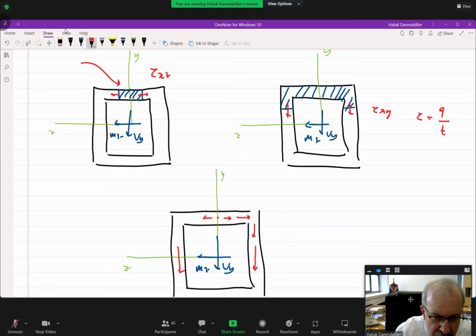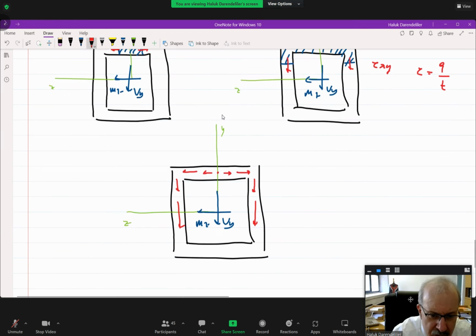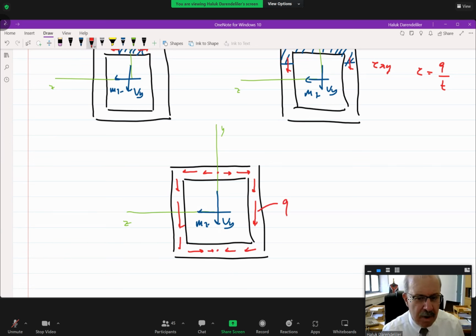Here it goes to the left, okay, and then turns direction. Then, as if a fluid flowing in the channel, it decreases first, then turns this direction because of the reason which I mentioned, becomes zero here, and this is the Q distribution on the cross section of the member.